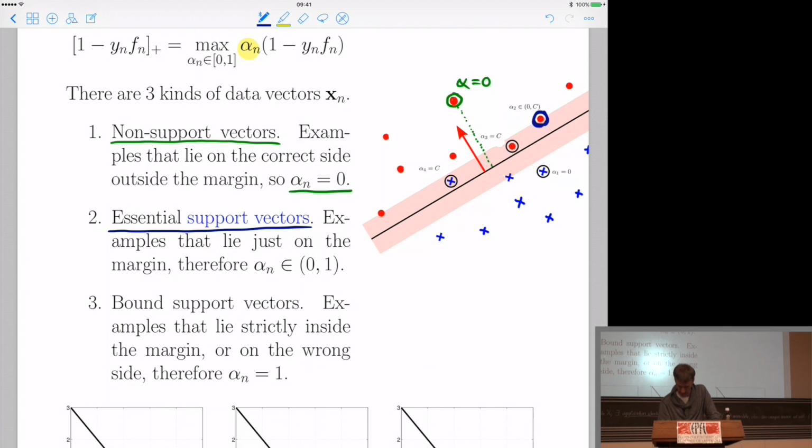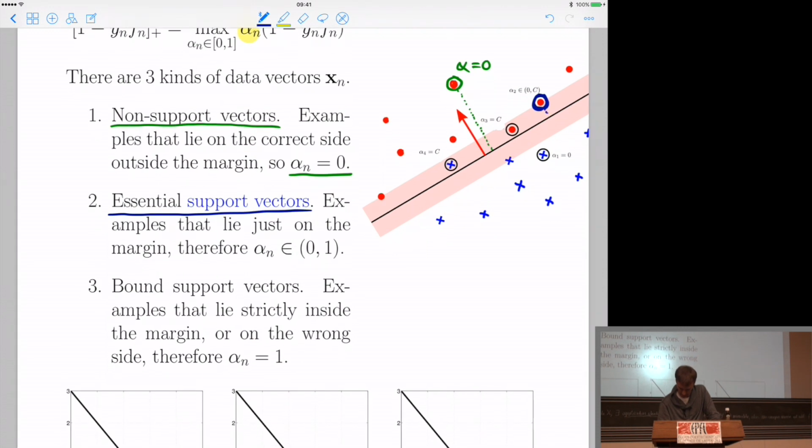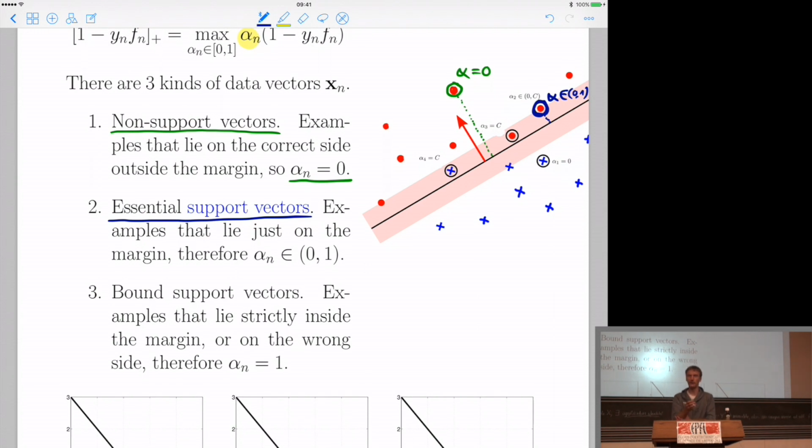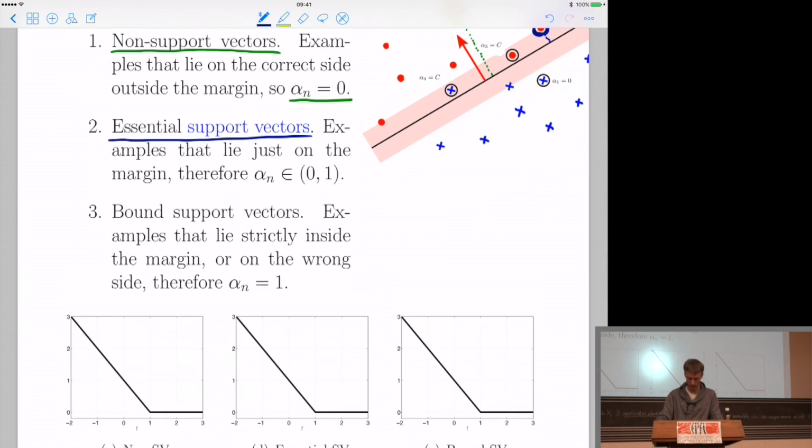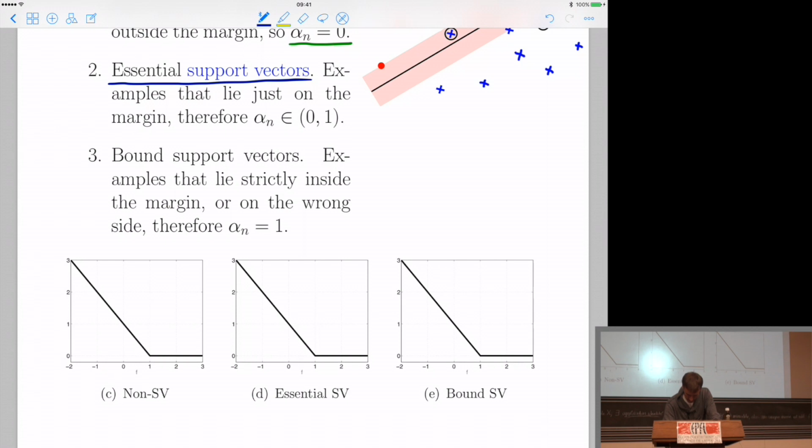Here is one of these points. In that case, the alpha can actually be many things. It can be anything between 0 and 1. What I mean is, these are the points which are exactly at the point where you start to pay.